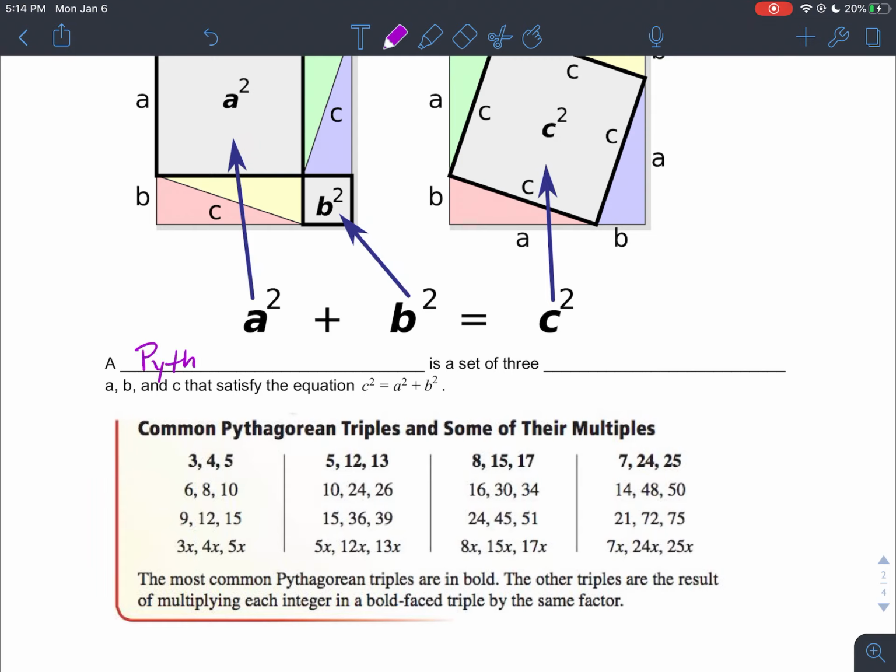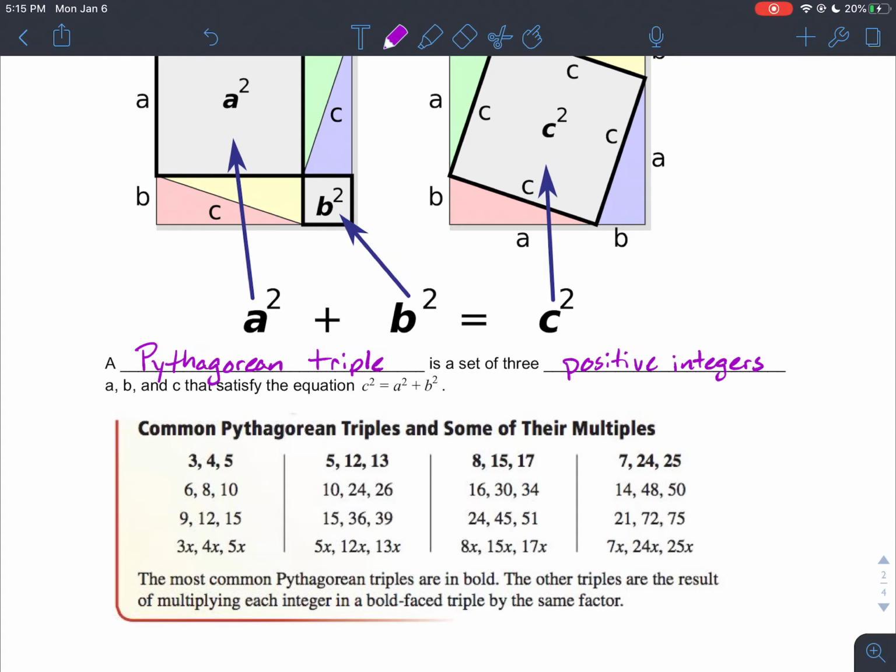A Pythagorean triple is a set of 3 positive integers, and remember, integers in this case, when we're talking about positive integers, just means whole numbers.